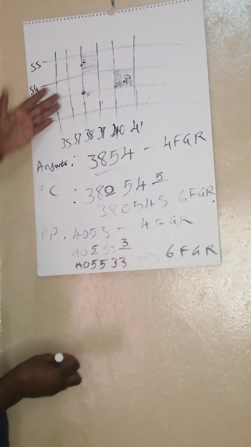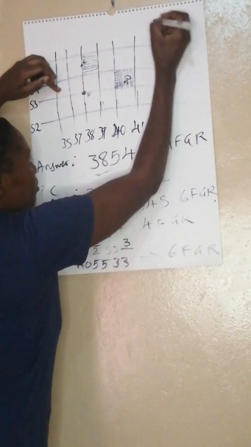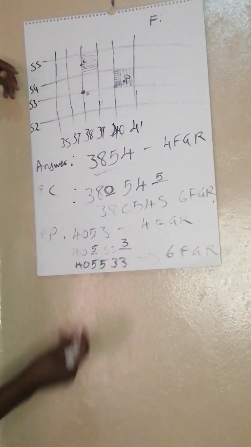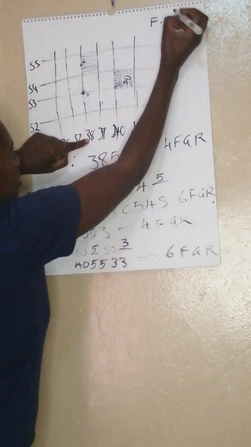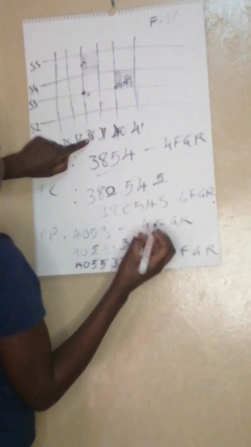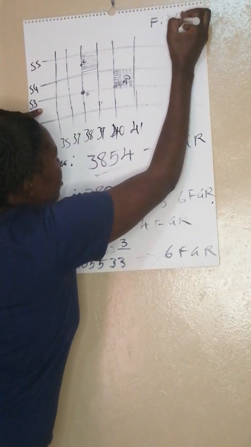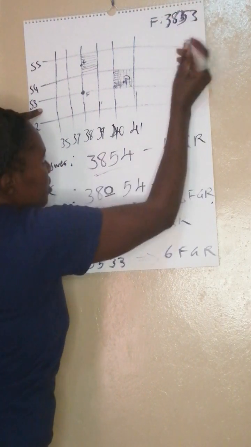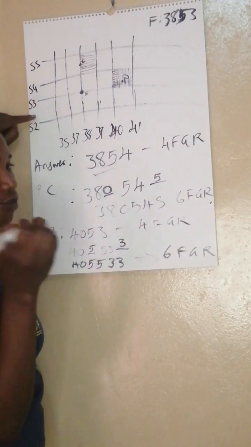Okay, so here the 4-figure grid reference for F is simply, it's just at the corner there. We have 38 and 53. So 38 and 53. That's the 4-figure grid reference.